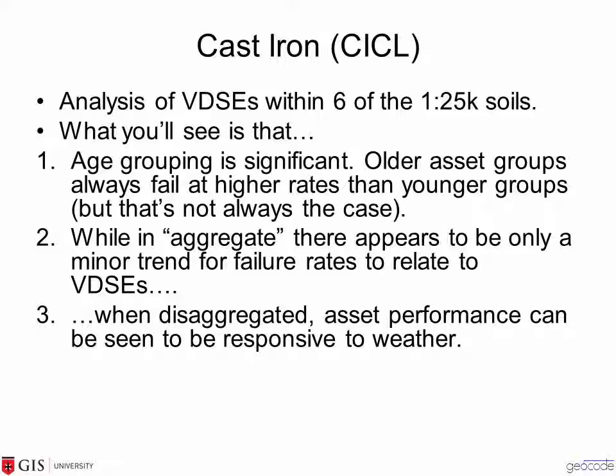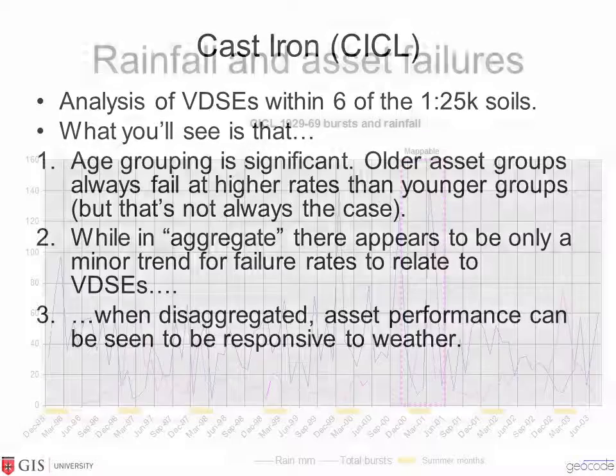In other words, older assets always fail at higher rates than younger assets. While in aggregate there appears to be only a minor trend for failure rates to relate to the very detailed soil environments, when we disaggregate this data, asset performance can be seen to be responsive to weather.